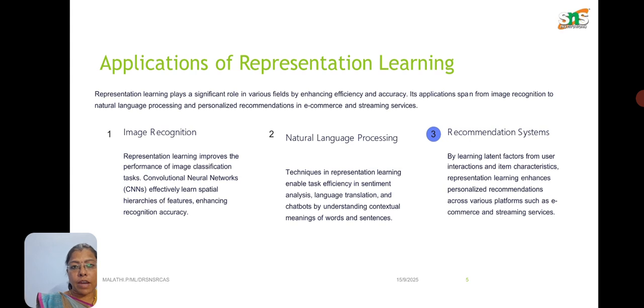In those models we particularly use this type of representation learning to train the model, and natural language processing models also use representation learning. And the recommendation systems also use it to enhance the performance in various platforms such as commerce platforms and streaming services. We are using representation learning to train the model to predict the correct result.